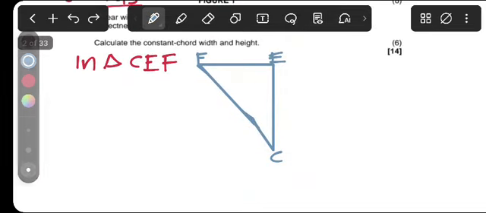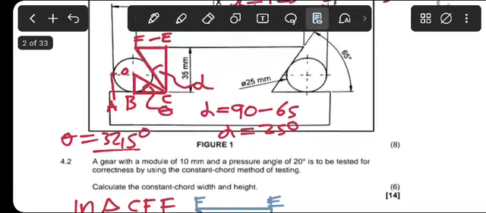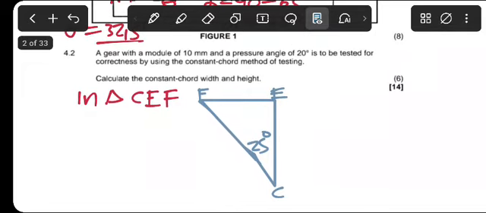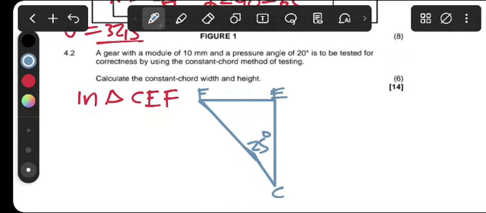So here I have 25 degrees. Then remember, I'm taking out this triangle. Here the length is 35, going down here, this is simply equal to 35 millimeters.